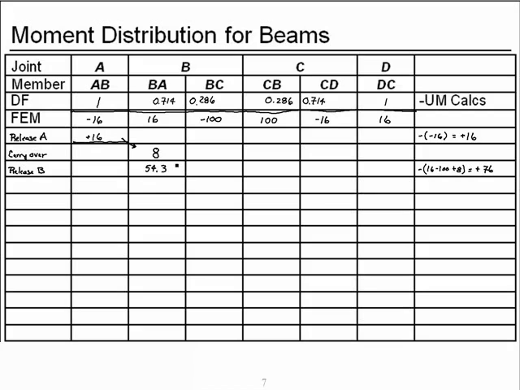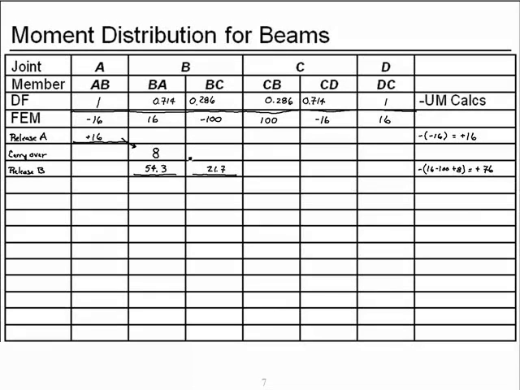That's how much of the negative unbalanced moment distributes back into member BA. I take the 76 times 0.286 and I get 21.7. That's how much comes into member BC. Again, I'll draw an underscore because node B is now in equilibrium.